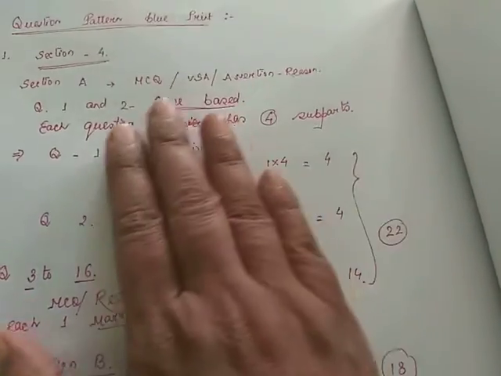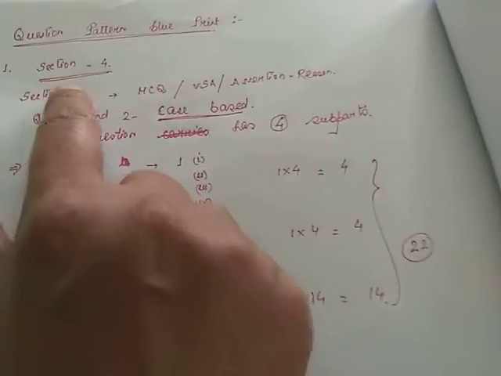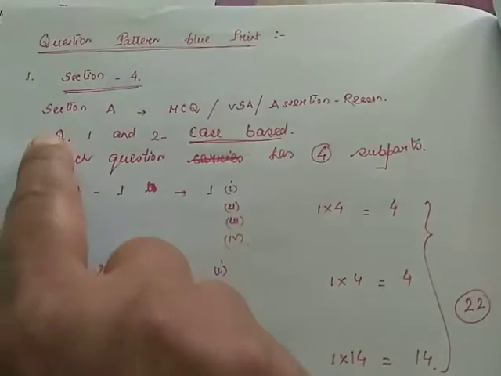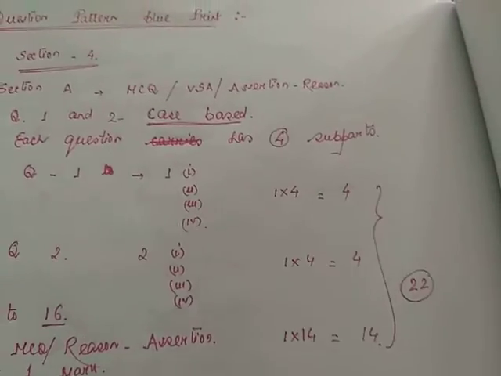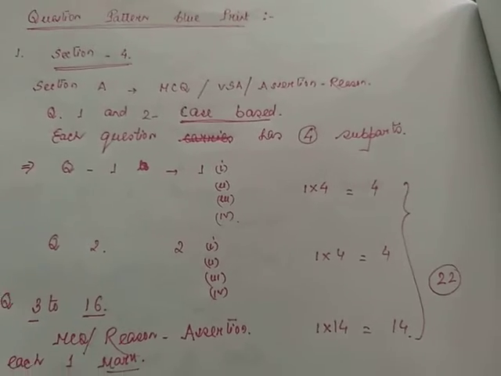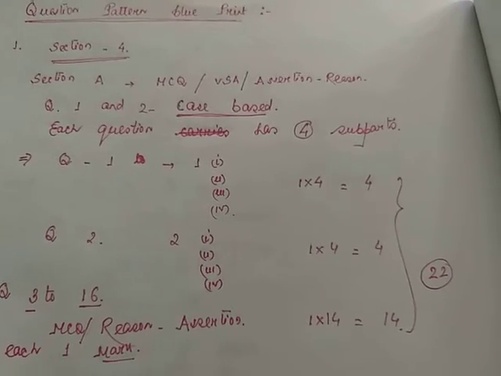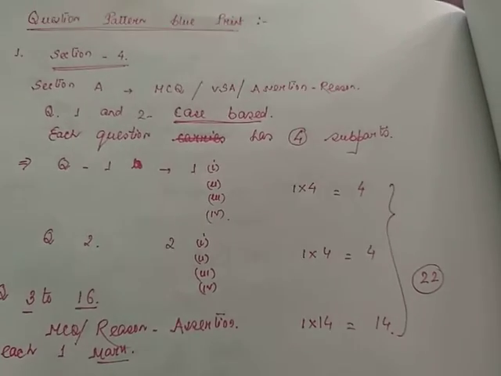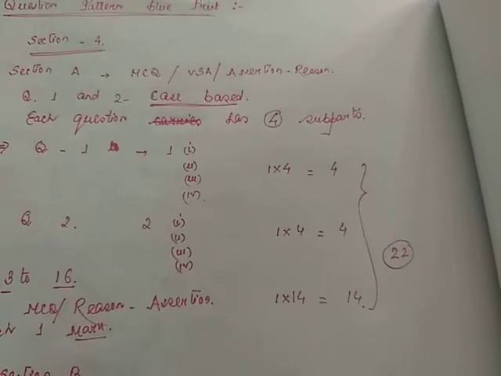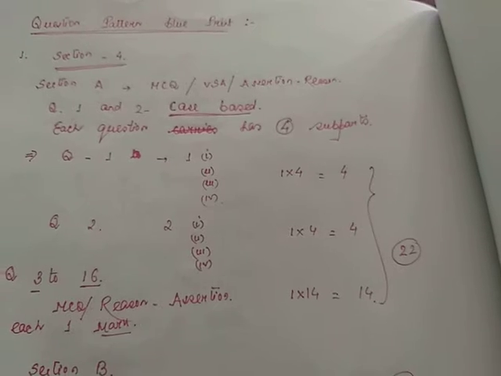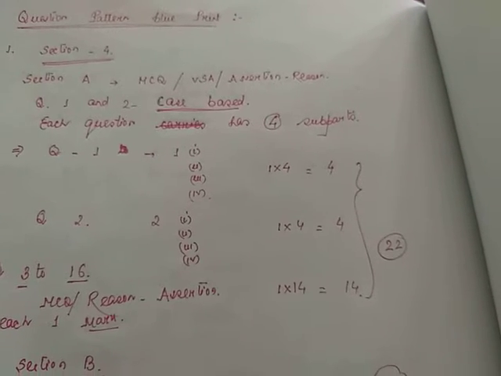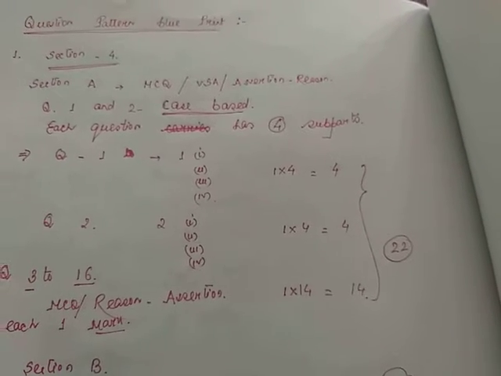other intimation from CBSE. We will have total 4 sections. Section A would be MCQ or very short answer or assertion reason based type questions. Of this, question 1 and question 2 will be case based questions. A paragraph would be provided, but it is a little different from the comprehension type that you are doing in languages.